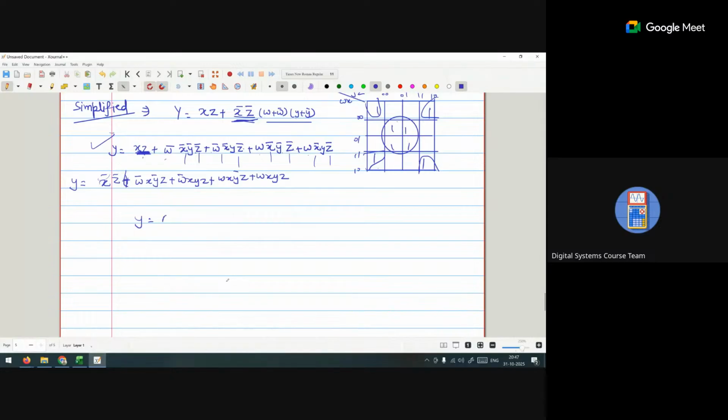Y is equal to A bar B plus B bar A plus D? No, sir. A bar B plus B bar A plus D, and the whole thing barred. Okay. Yes, sir. So we have to apply De Morgan's theorem.